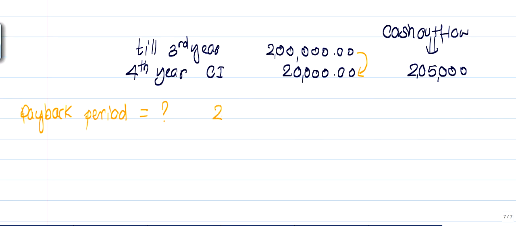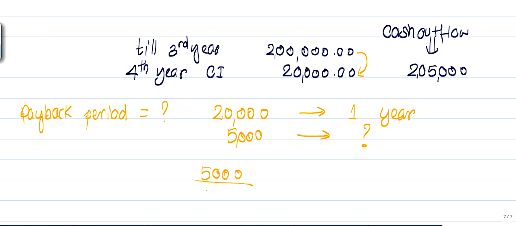The 20,000 in the fourth year is calculated for one whole year. We require 5,000 in order to calculate the payback period. So what is the time period? 5,000 divided by 20,000, into 1 year, you will get 1/4 year.